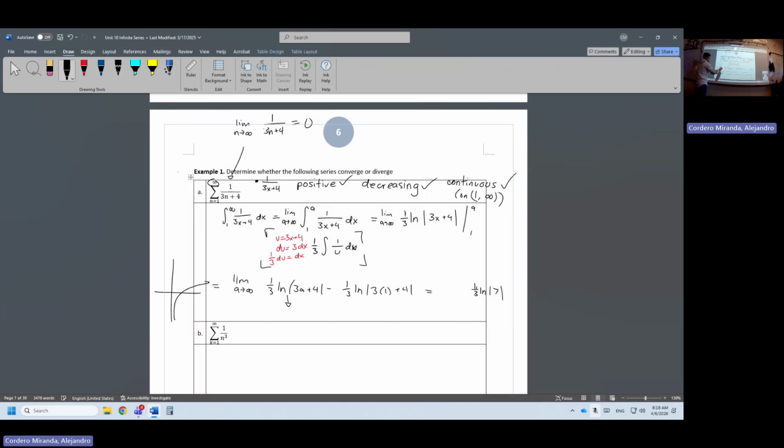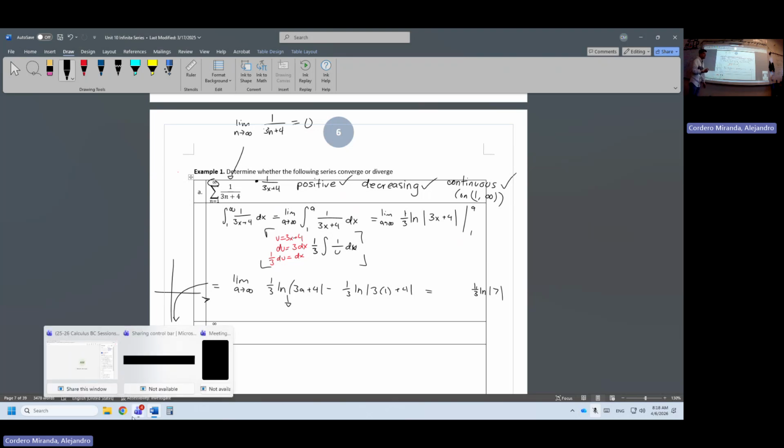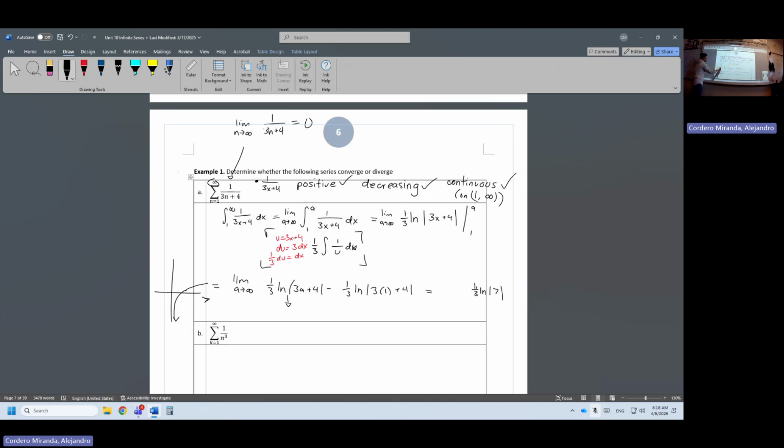Here's natural log of x. All I care about is what happens as I put in bigger and bigger inputs. You can see it goes to infinity very, very slowly, but it grows without bound. So the bigger number you plug into natural log, the bigger your output will be. So this will go to infinity. It doesn't matter that I'm dividing it by 3. A huge number divided by 3 is still going to be huge.